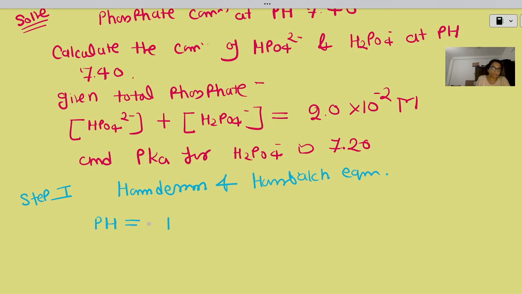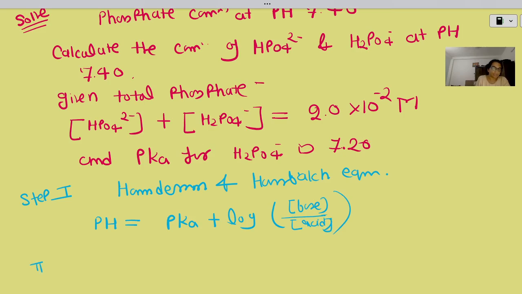The formula is pH is equal to pKa plus log of the concentration of base divided by the concentration of acid.